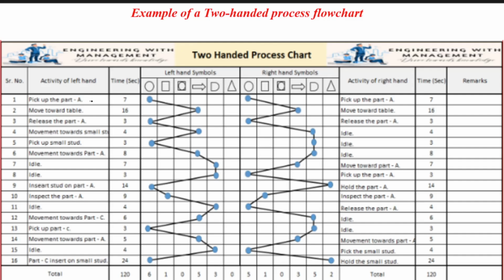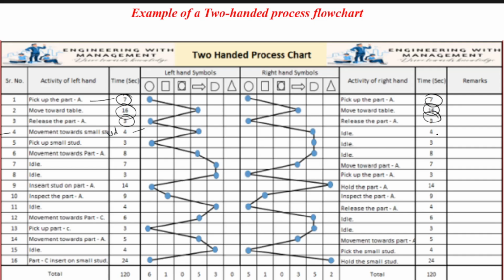So pick up part A, time is 7 seconds. Both the hands are doing the activity. Move towards the table, both the hands are doing the activity. Then release the part A, both the hands are doing the activity. Now here look, the movement towards the small stud store, 4 seconds.